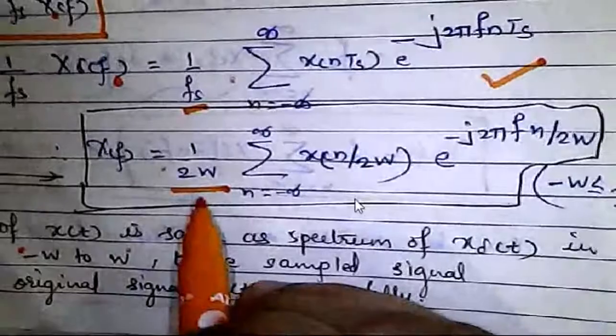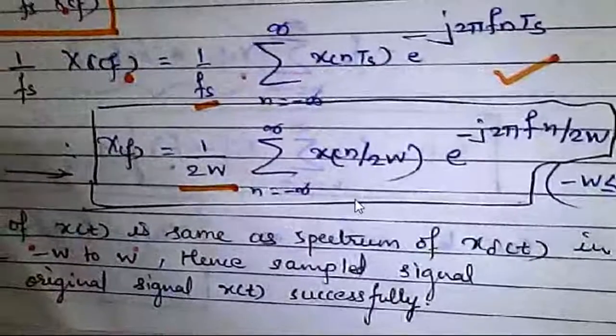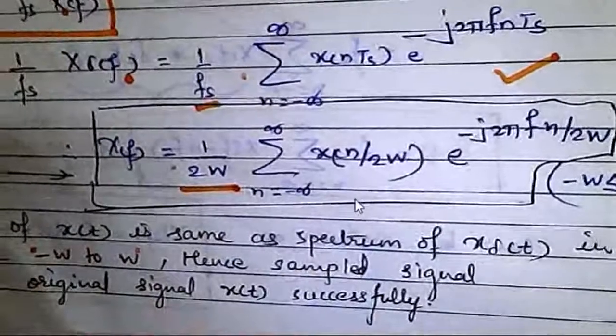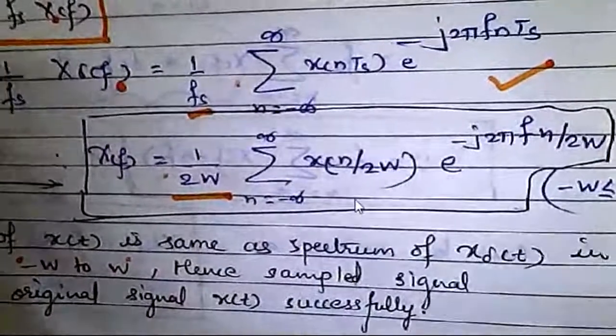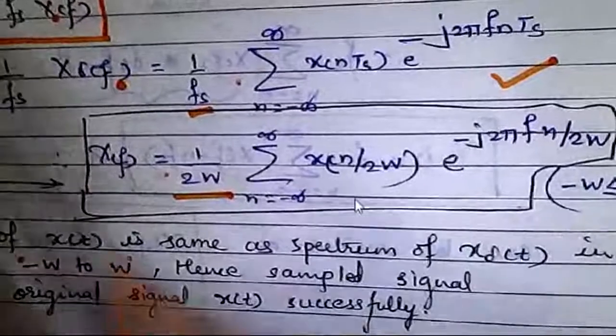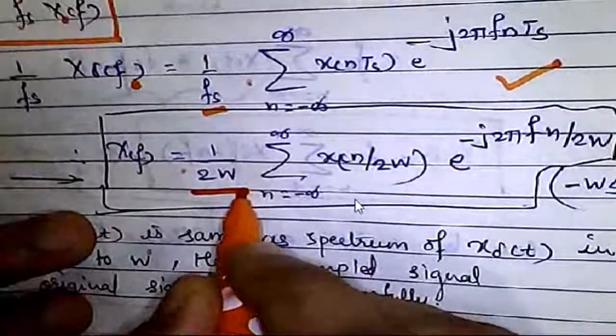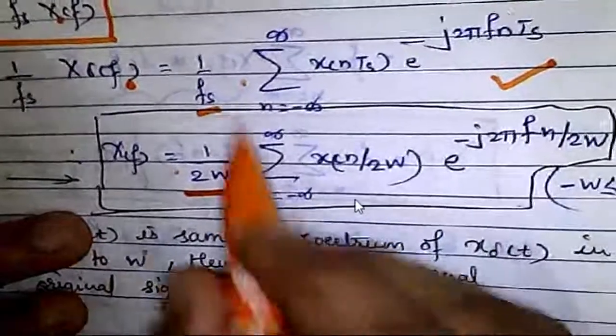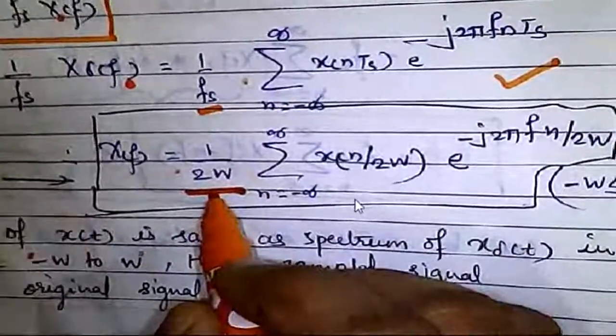Only then can we say that the signal can be reconstructed from its sampled form. That means from x delta of t, we can recover x of t only when fs is equal to twice W or greater than twice W. So fs is equal to twice W over here.